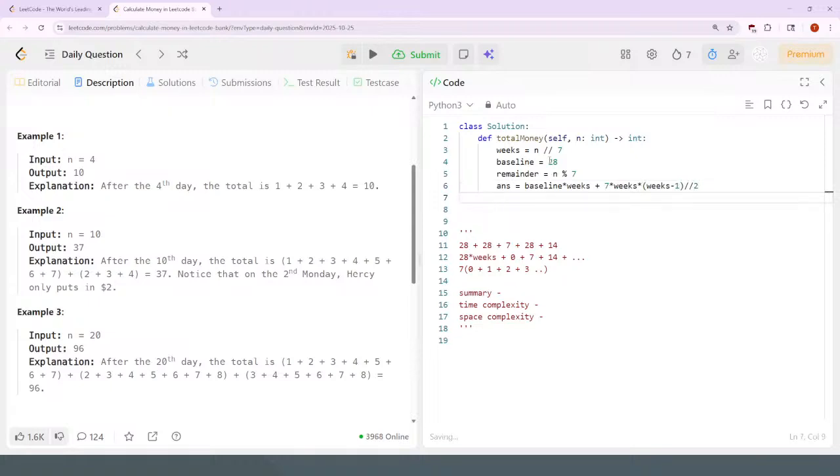And then the remainder needs to be added to this, so plus equals the remainder, and the remainder should be, oh gosh, what's going to be here? The remainder times the number of weeks minus 1.